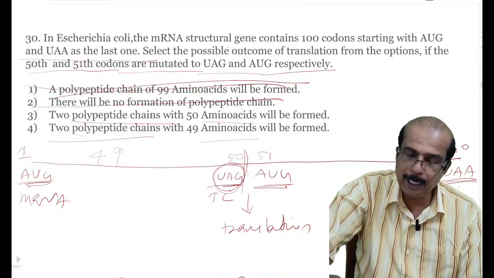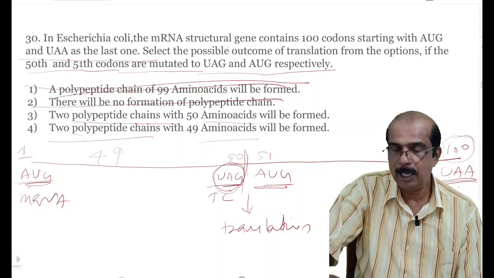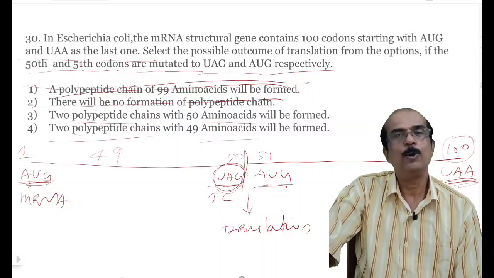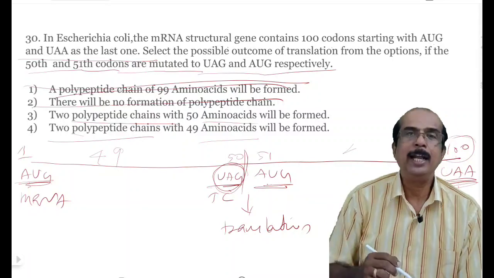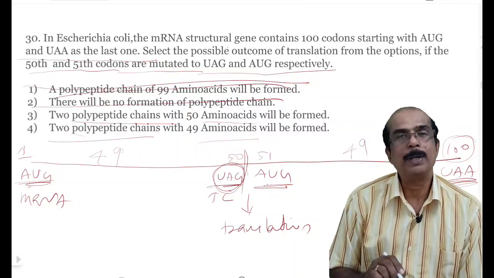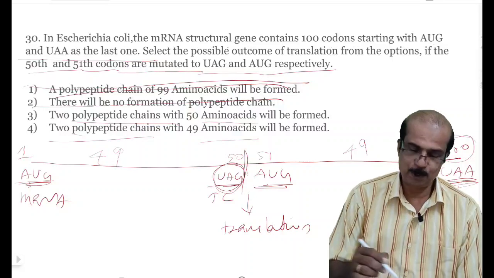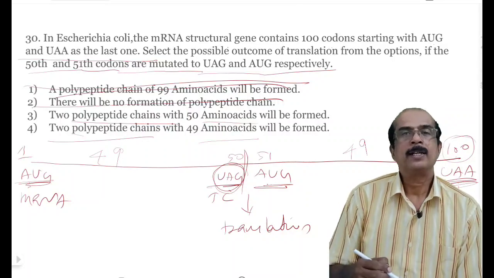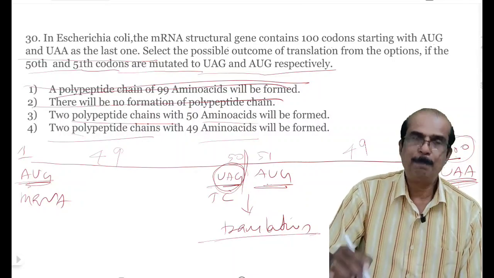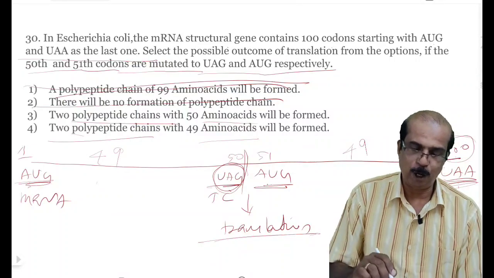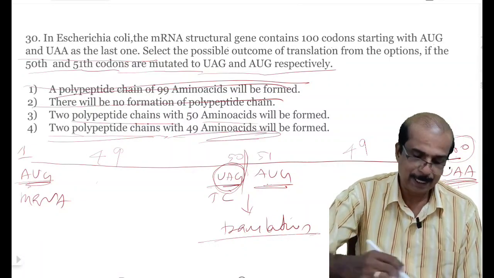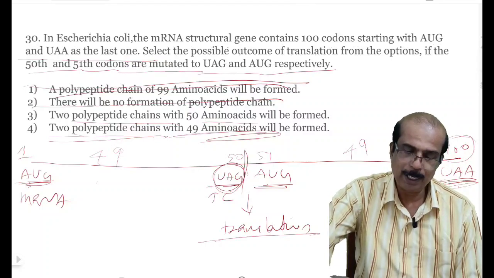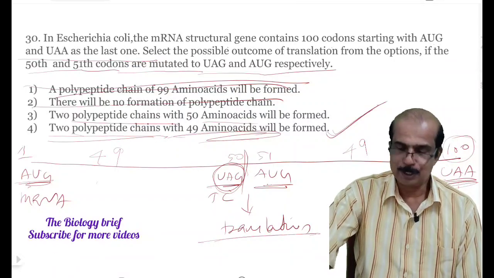The 100th one, UAA, is also a termination codon, so there also no amino acid is incorporated. Here also 49 amino acids will be incorporated in the polypeptide chain. So what will be the outcome of translation? Two polypeptide chains are formed with 49 amino acids each. Fourth option will be our answer to this question.